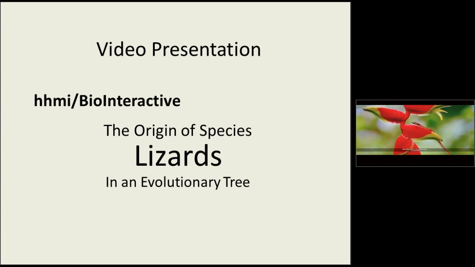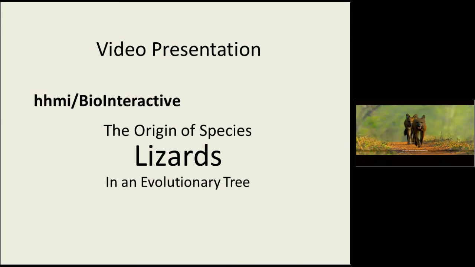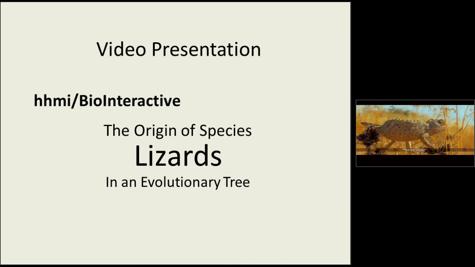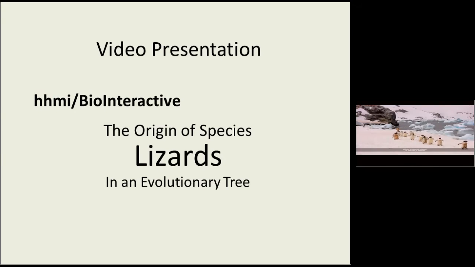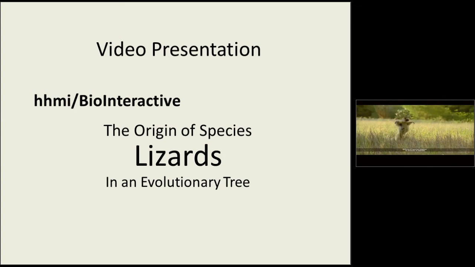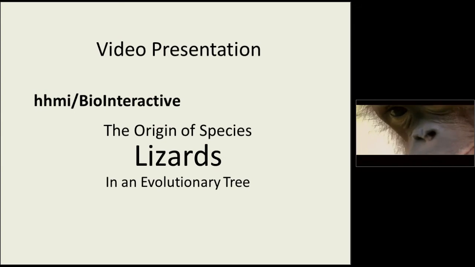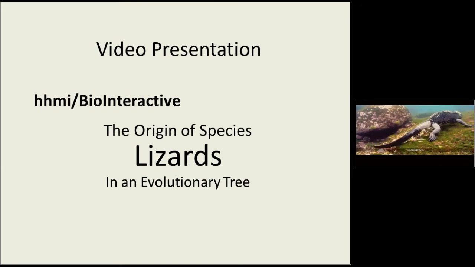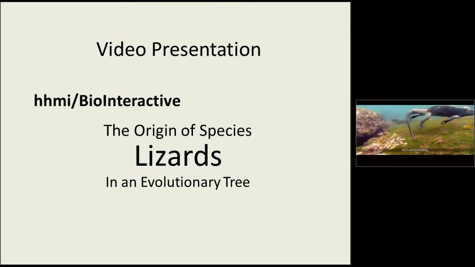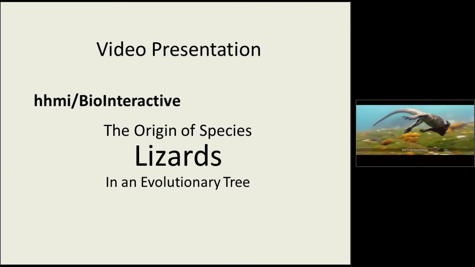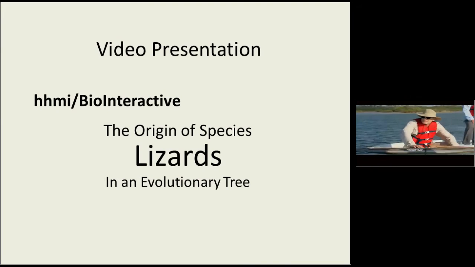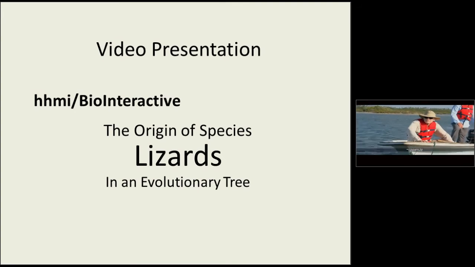The diversity of animals on our planet is breathtaking. Millions of species adapted to all kinds of habitats. Ever since Darwin, understanding how so many species evolved has been a major quest of biology and biologists like Jonathan Losos.